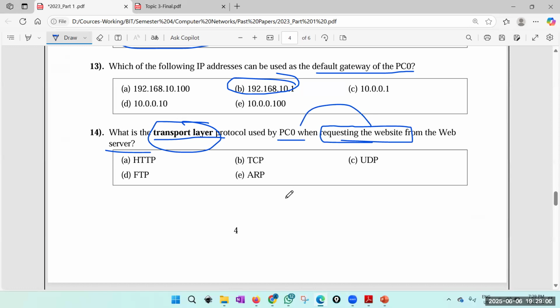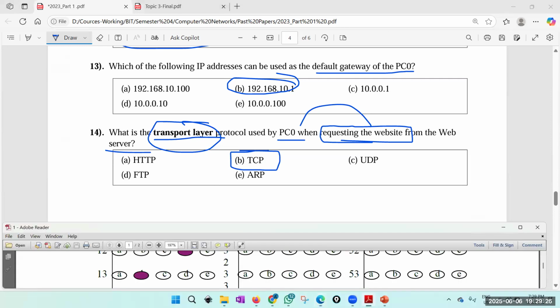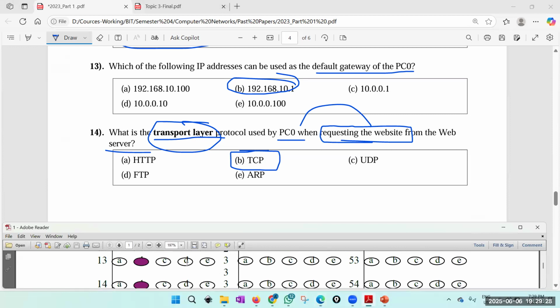Mostly TCP, very rarely UDP, like DNS, real-time data streaming and so on. Otherwise, it's almost all the time TCP, like HTTP, email, file transfer. Always we go for TCP. That is the easy question, right? 14. Yes, B.